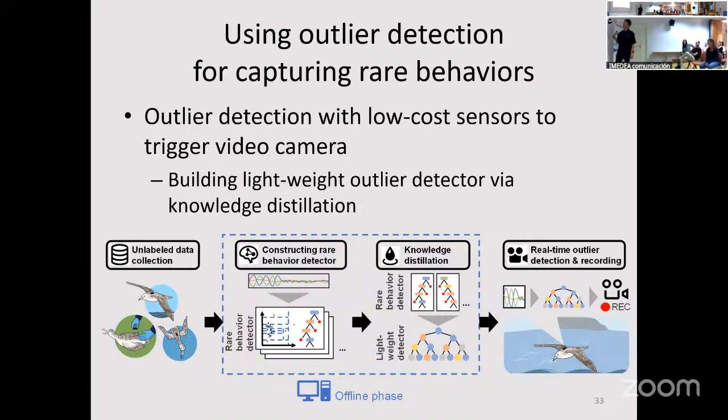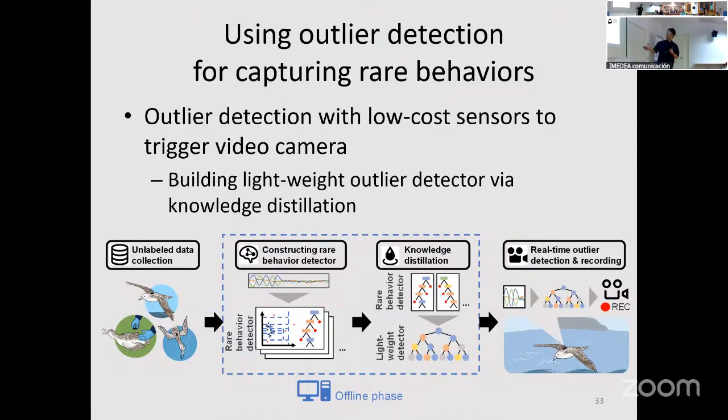And so this is the process of our method. First, we collect unlabeled data from the target species, and then on a computer, we construct an outlier detection model, and it automatically identifies abnormal patterns in the data.